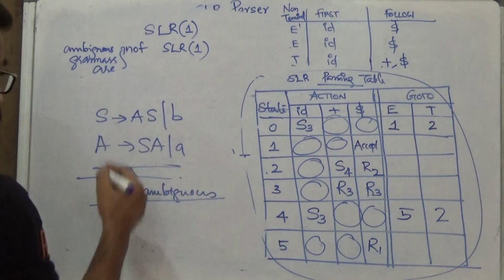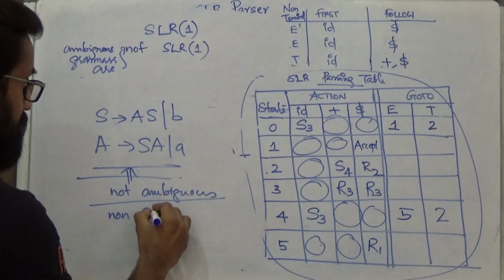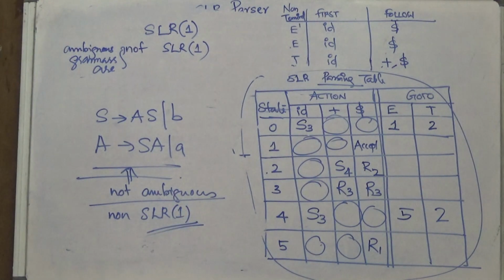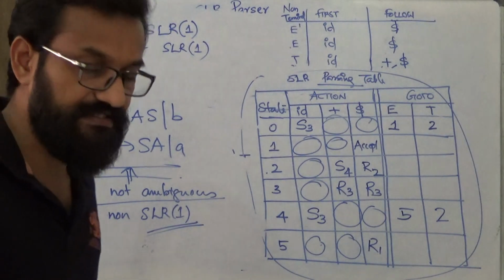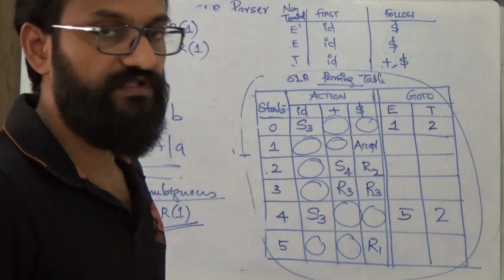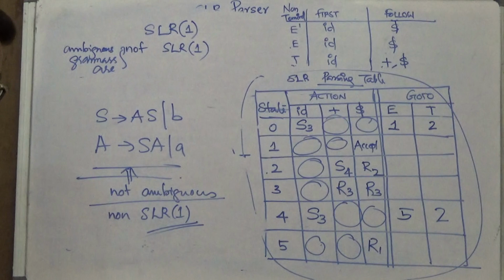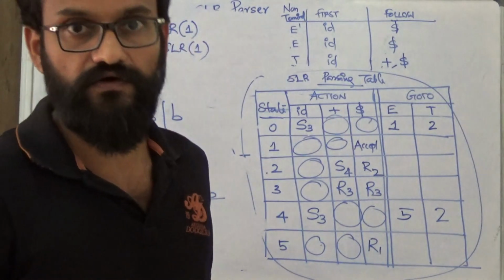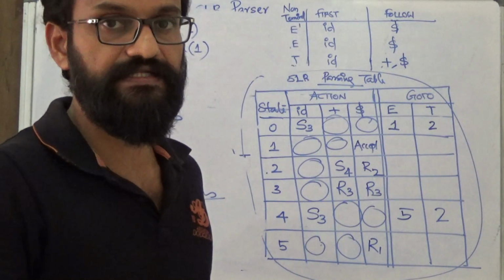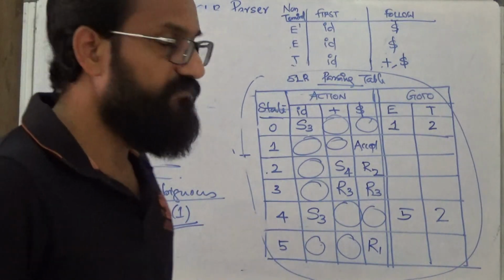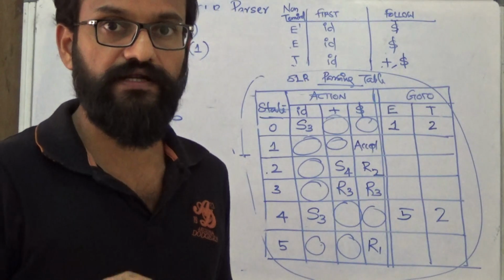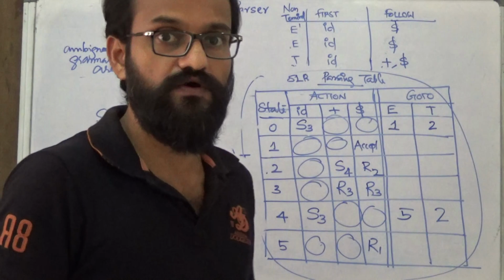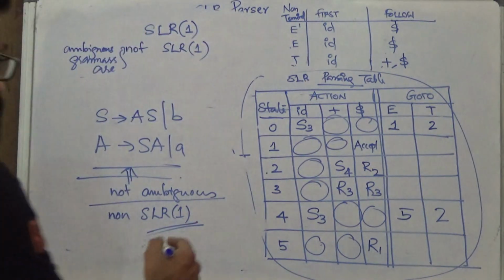Even if it is not ambiguous, this is non-SLR1 grammar, because you cannot construct a parsing table without any conflict, with unique entries. So if you are asked to verify whether a given grammar is SLR1 or not, you just try to build the SLR parsing table, and if you end up with unique entries, you can conclude that the grammar is SLR1. Otherwise, conclude that the grammar is not SLR1. That's it.